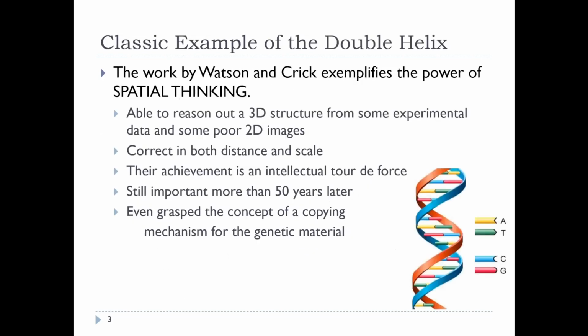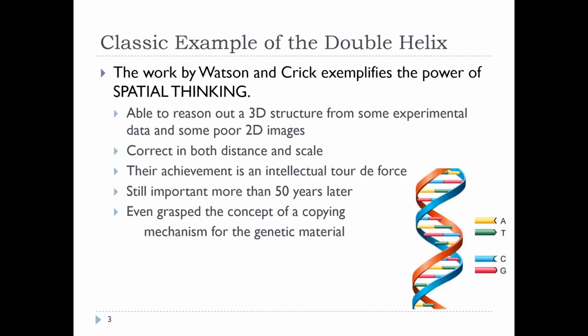Again, we talked about this a little bit last time, but maybe you're familiar with this, maybe you're not, but Watson and Crick, two scientists in the UK, used spatial thinking to come up with the idea of what DNA looks like.